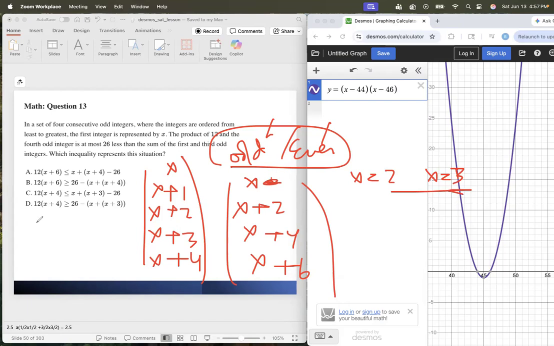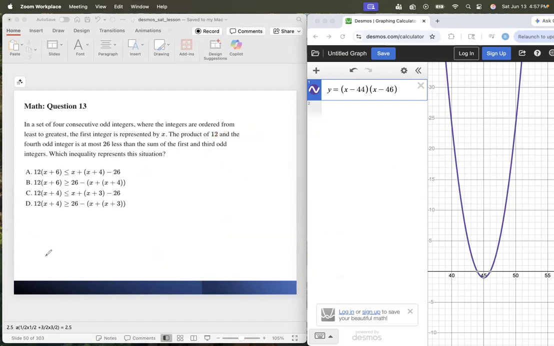That's the only difference. So the first one is x, the second is x plus 2, the third one x plus 4, the fourth one x plus 6. It does not matter whether it's odd or even.